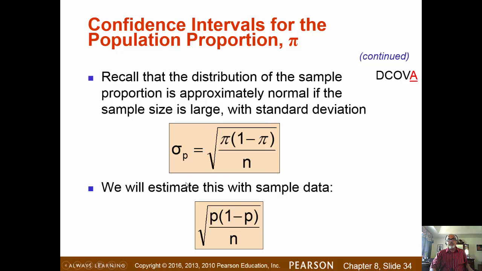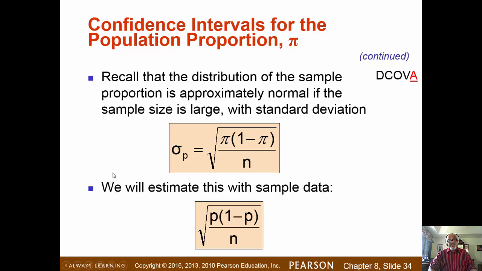But for this theoretical formula to work, we need to know the value of pi, which is unknown. So we are kind of stuck. It is like a catch-22 situation. Only if you know the value of pi will we have the value of sigma. And if you know the value of pi, why would you want a confidence interval? You already know the value of pi. So you won't know the value of pi in the normal circumstance.